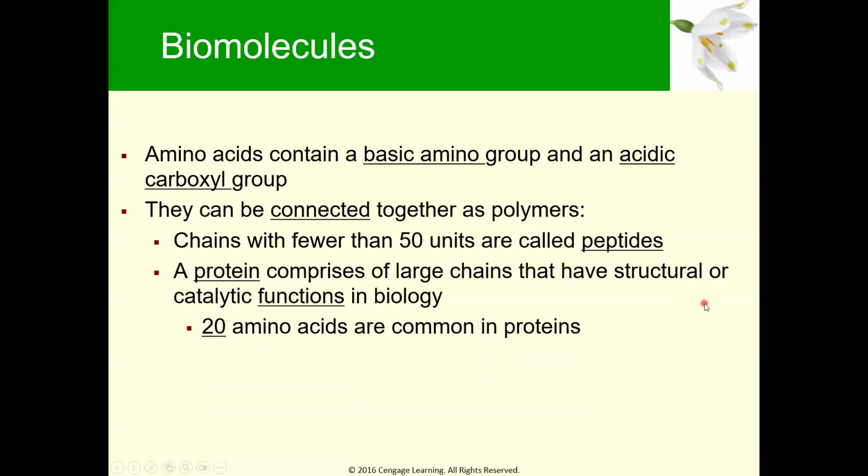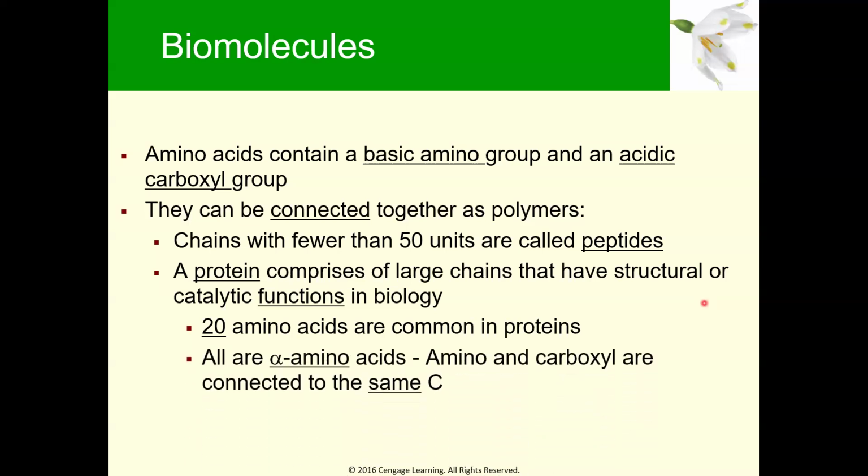So in nature, there are about 20 amino acids that are common. There are many other amino acids. Strictly speaking, any organic molecule that has both an amine functional group and a carboxylic acid functional group could be called an amino acid. But in nature and in proteins, we typically see about 20 of them involved. And all of them are what we call alpha amino acids because the amine group is on the alpha carbon.